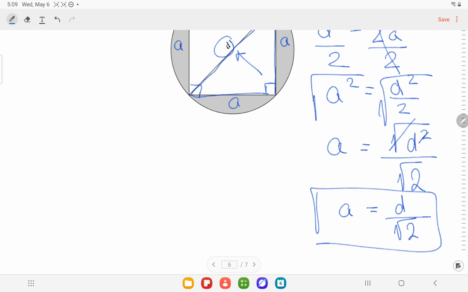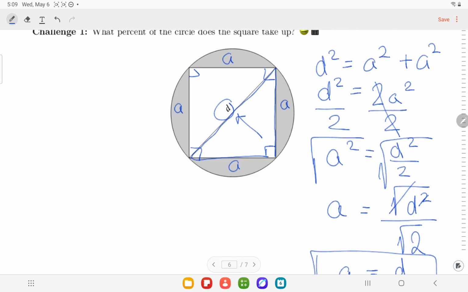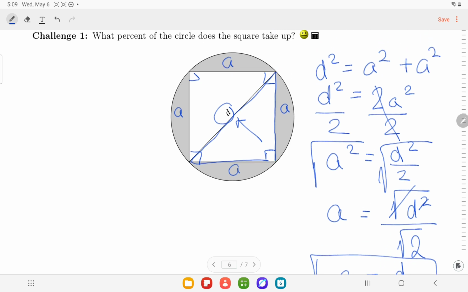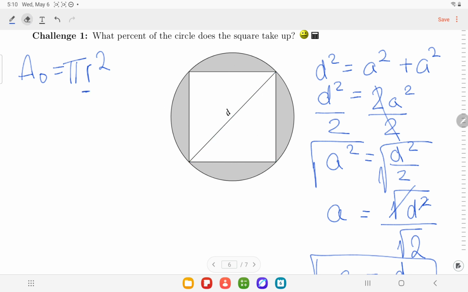So this is our side of the square. Now, the area of a circle is a formula you guys have to memorize, sadly, but the area of a circle is pi r squared, where the radius, which is this r here, is the length of the line from the center of the circle to the side. So this is the r.